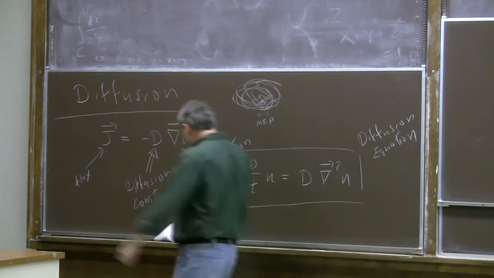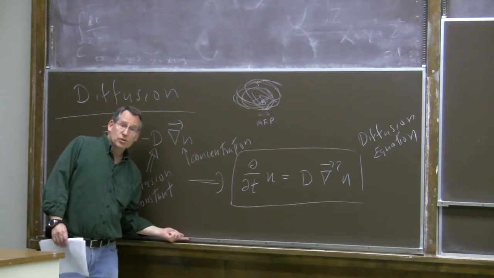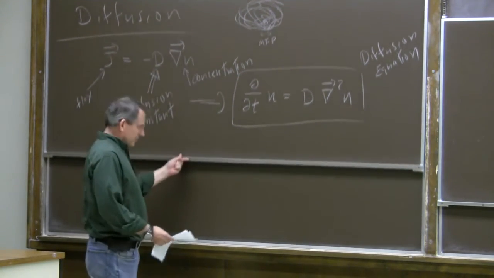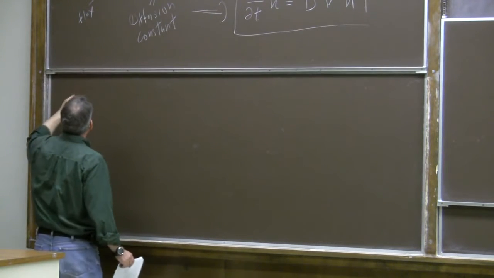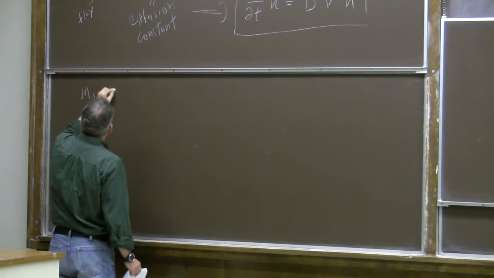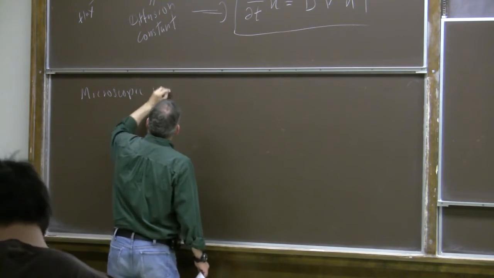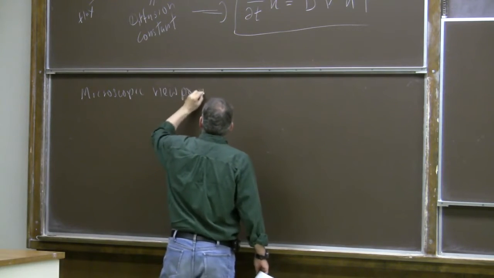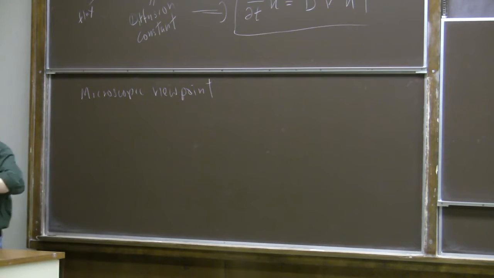We discussed last time how the diffusion equation can be derived or interpreted from a microscopic viewpoint. In fact, we can think of it as an equation which governs the probability distribution for particles in the system.